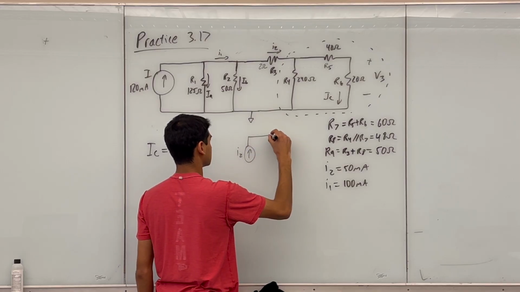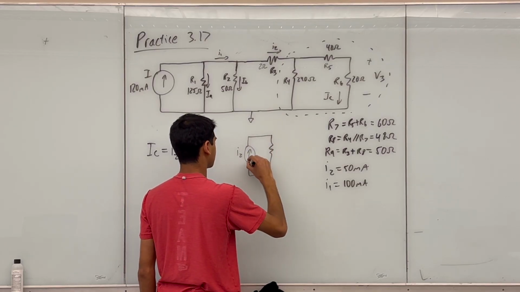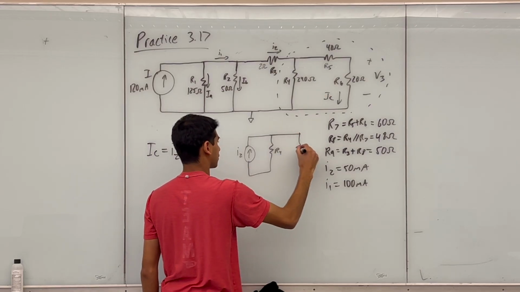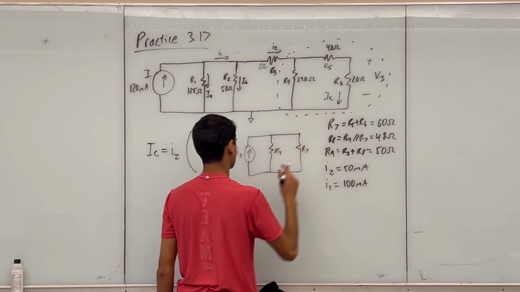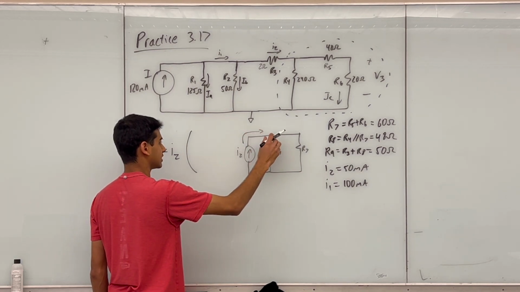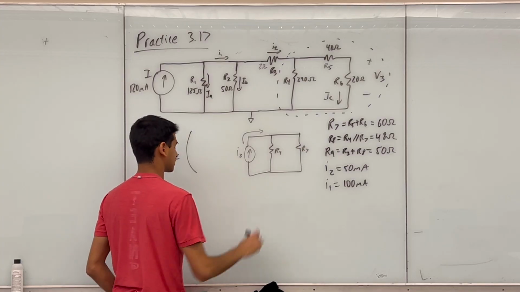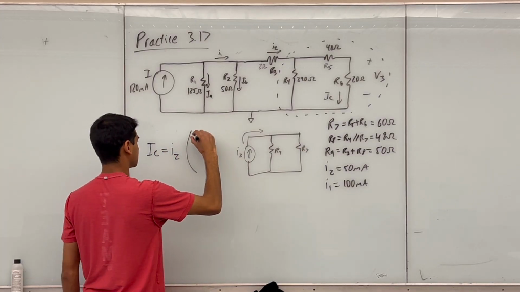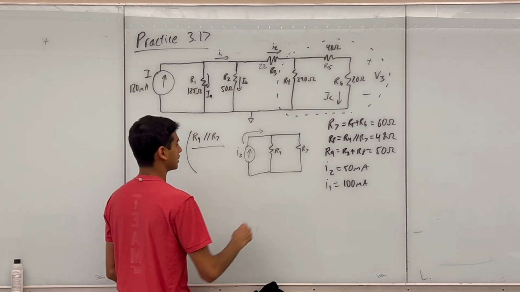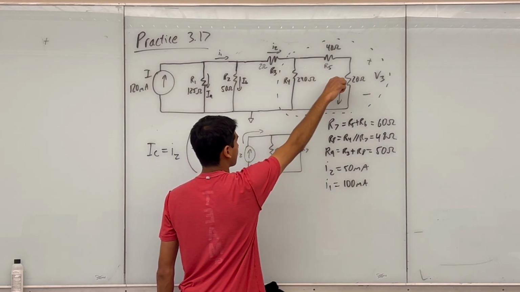So I have I2 here, it's splitting between R4, and I combine these into R7. So the resistance that I2 sees looking from this side is R4 in parallel with R7. So I can write that up here. So R4 parallel R7, and then that's divided by the resistor that I'm looking at.